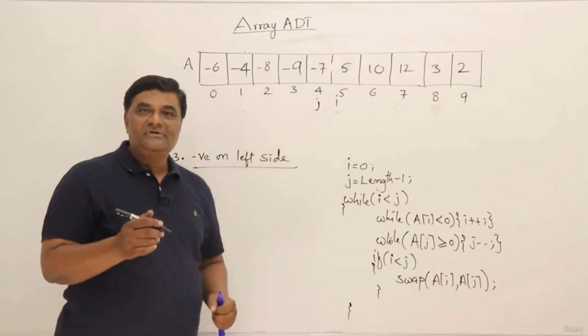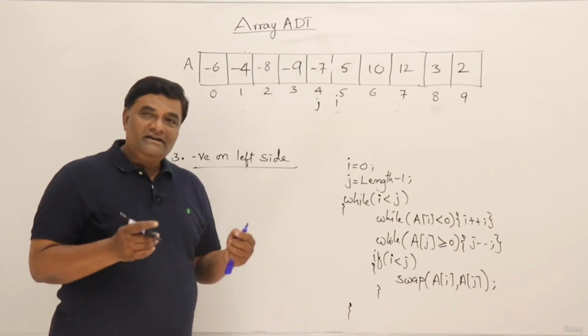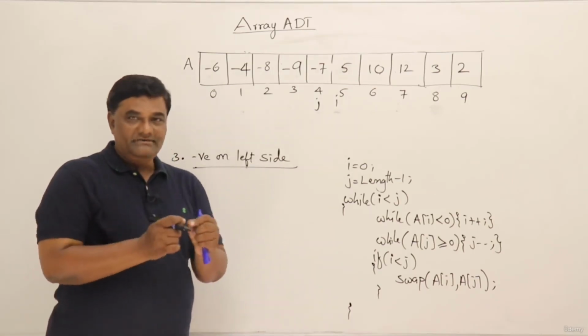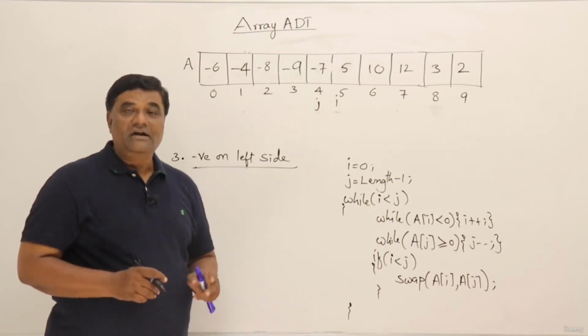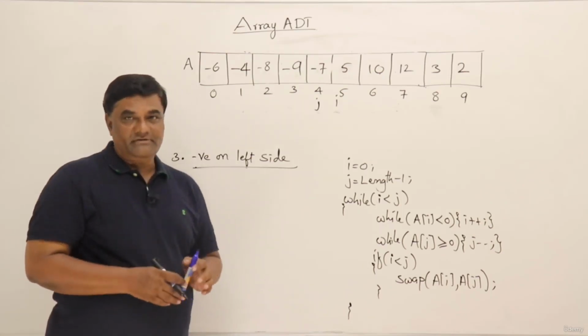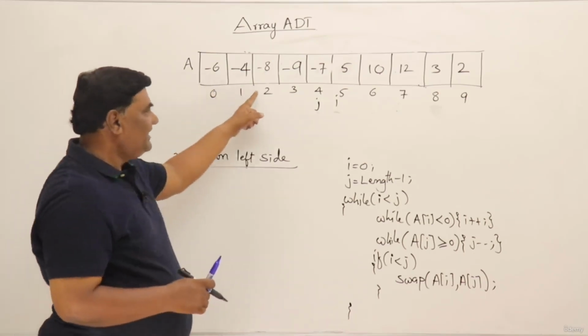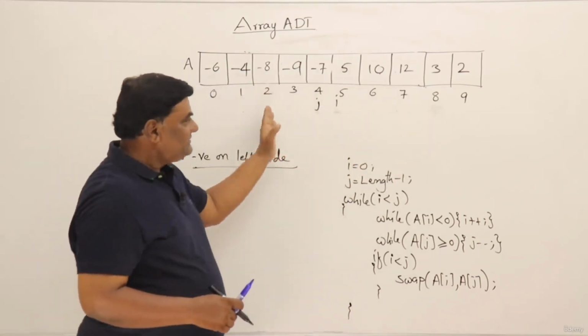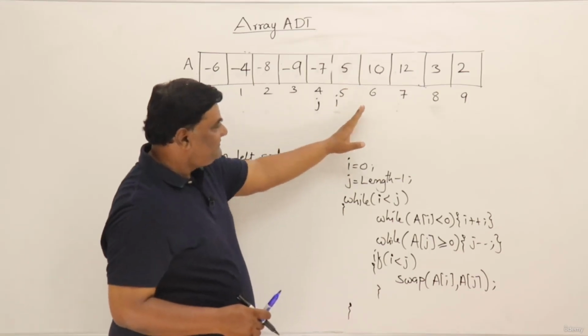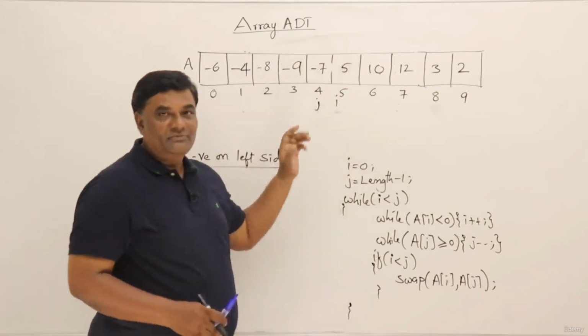Now the analysis: how much time has it taken? The time was spent on comparing the elements. So in total, how many elements were compared? n plus 2 elements were compared. We started with i from here and with j from there, and i has increased and checked one more number, j has also decreased and checked one more number.